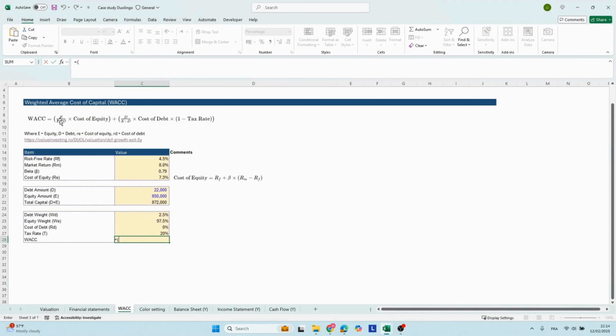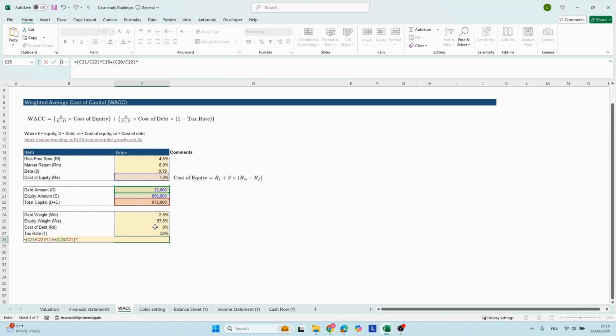First, we need the E, which is equity, divided by the total of equity and debt, times the cost of equity, which we already calculated as 7.3%, plus the second part of the formula, which is the debt divided by the total of equity plus debt, which is this line, times the cost of debt.